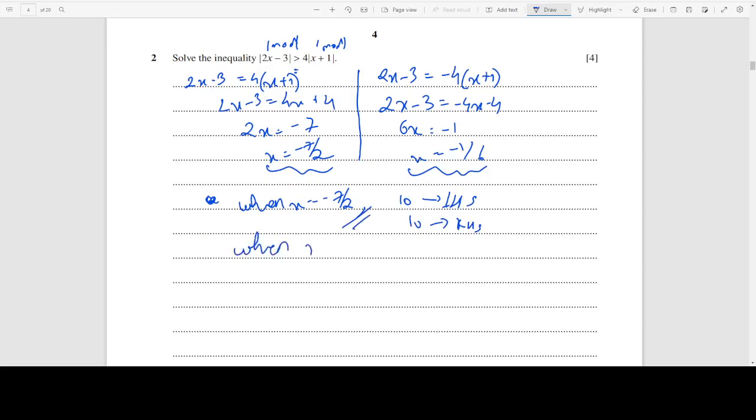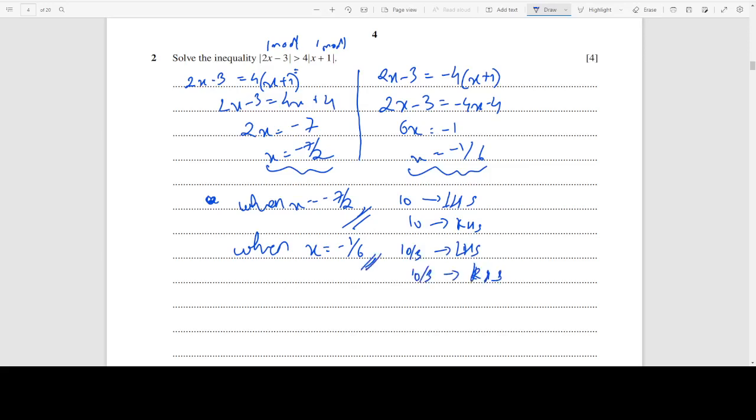And when x equals −1/6, we get 10/3 on the LHS, the left hand side, and we get 10/3 also on the right hand side, just to confirm.